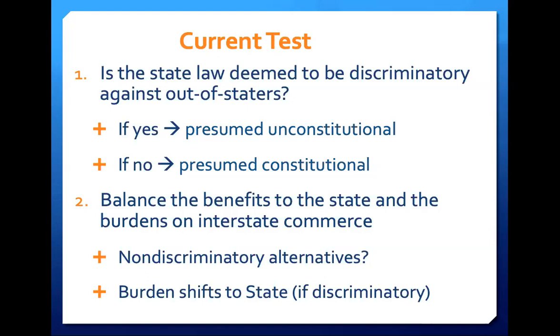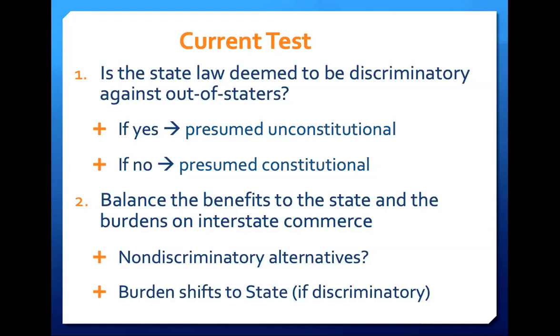Court doesn't buy this, says this law is unconstitutional. The court points out that two-thirds of all of this milk is produced out of state, and we have here a discriminatory purpose and really a discriminatory effect. The book says the court's relying on discriminatory purpose, but as I said, there's a lot of overlap. That the impact here is the same as if you were going to have a tax on out-of-staters.